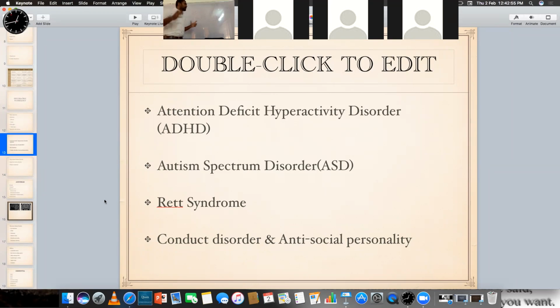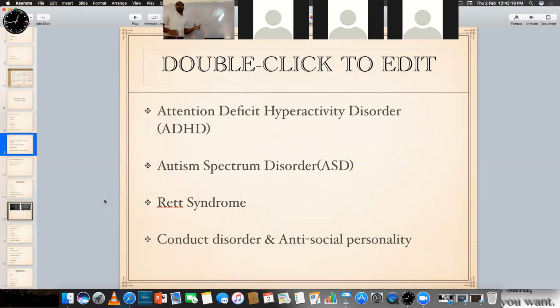They have protuberant jaws and testicular enlargement. These are the features of Fragile X.